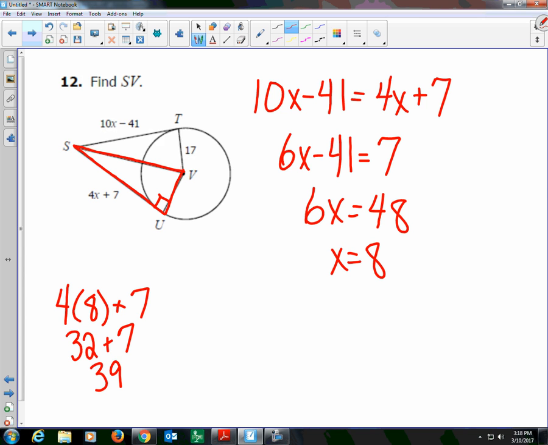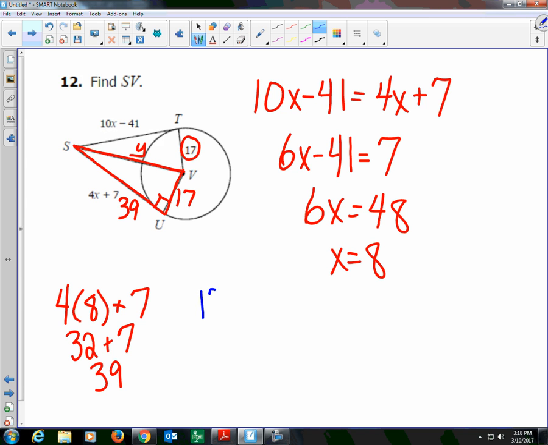So one of the legs of my right triangle is 39. The long leg is 39, which is the tangent to the circle. I'm given that my radius is 17. So there's my 17. I'm looking for the hypotenuse, which we will call y in this case.